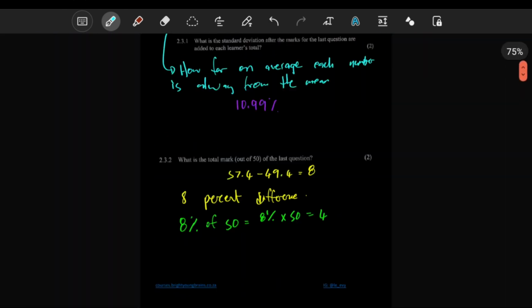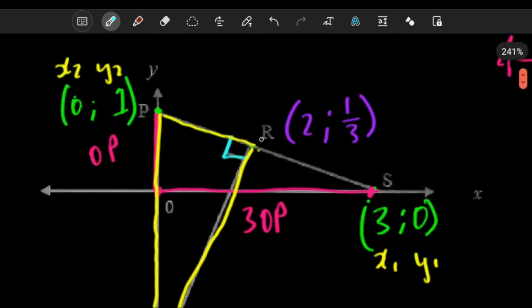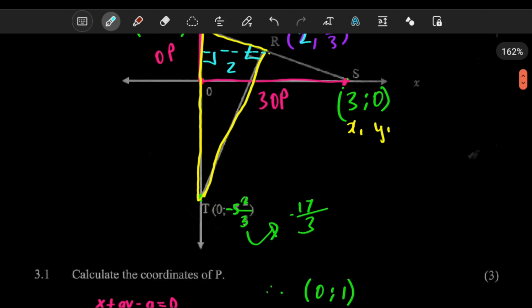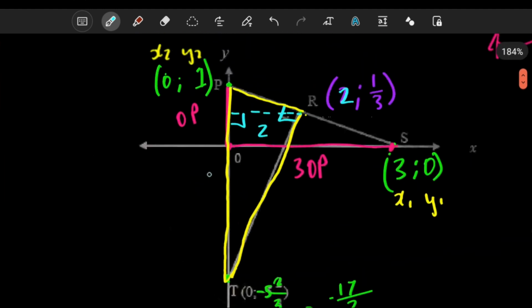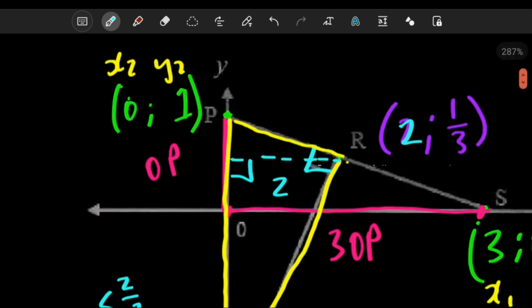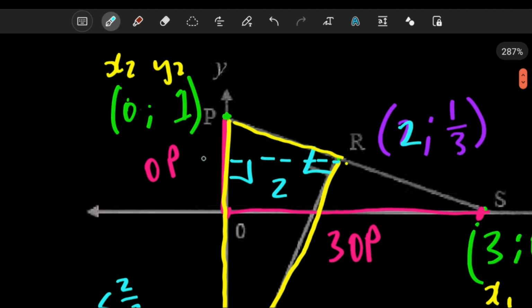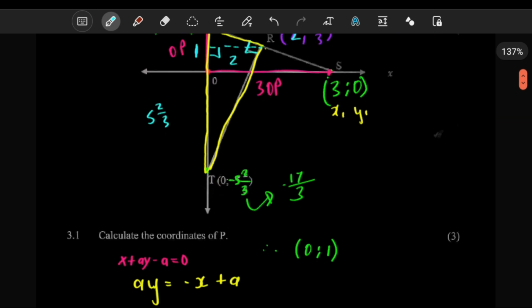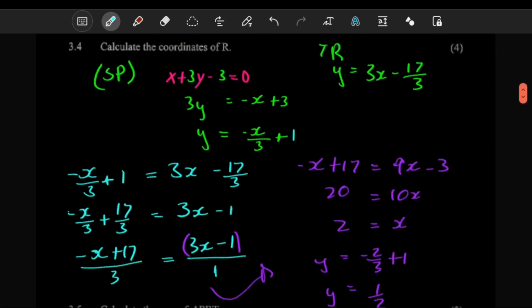In our case, the distance from R going straight to TP is 2, because the x value of R is 2. And from P going to T, it's just a matter of comparing the y values. This distance here is 5 and 2 over 3, and this distance over there is 1. So PT is technically this number plus 1.